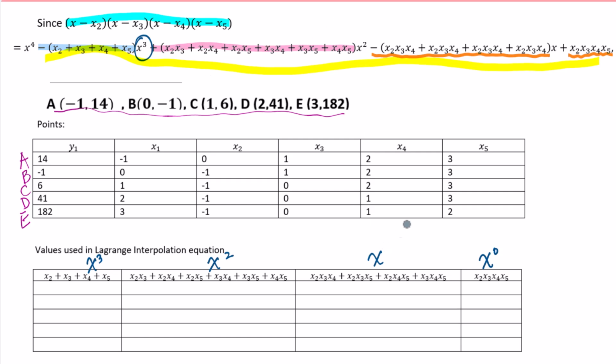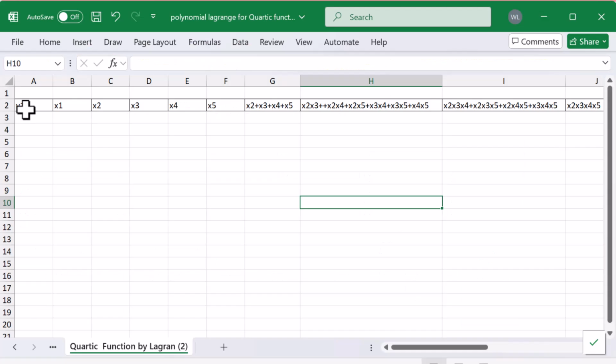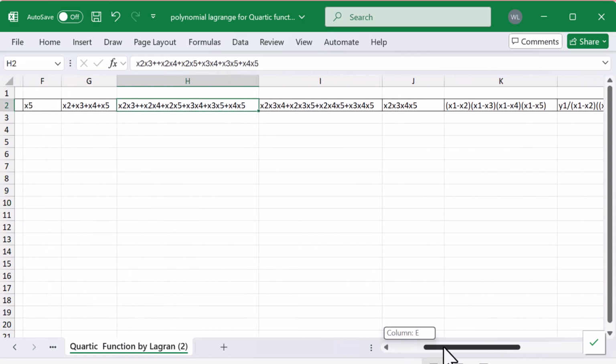Let's go to Excel. We type in y1, x1, x2, x3, x4, x5. Then this is the coefficient for that multiplication.